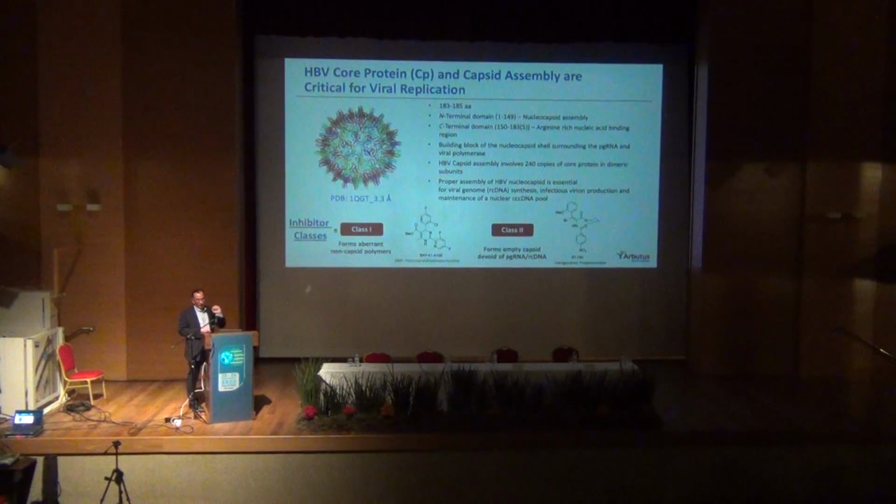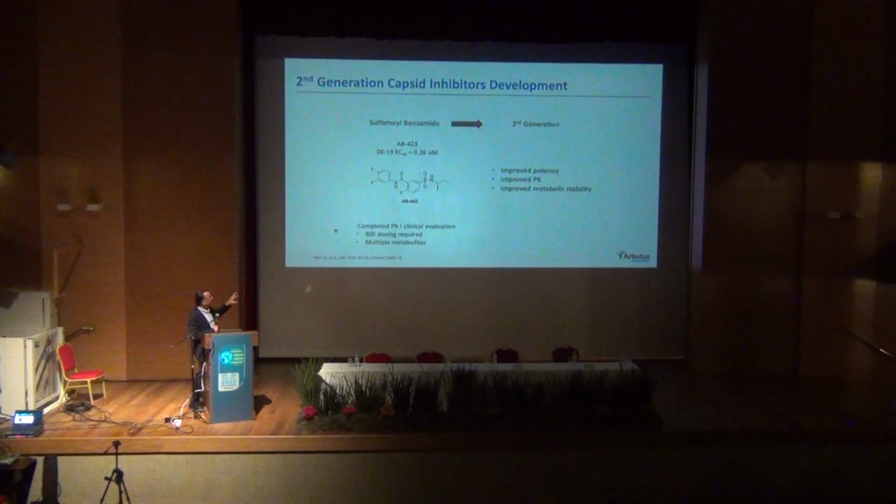We were very interested in this mechanism, and ultimately, in collaboration with a group at the Blumberg Institute, we did a high-throughput screen and identified this molecular class, known as the sulfonylbenzamides. They were modestly potent inhibitors of viral replication. So we took this molecule, AB423, into the clinic.